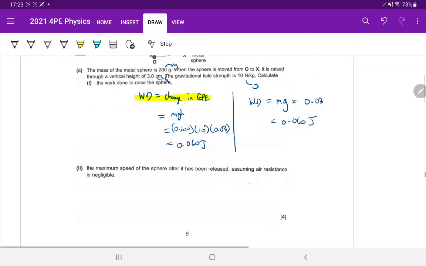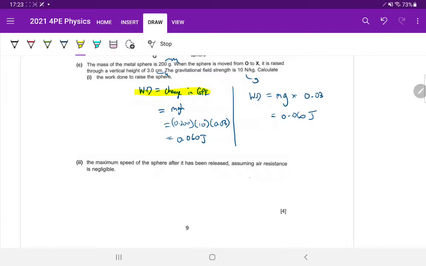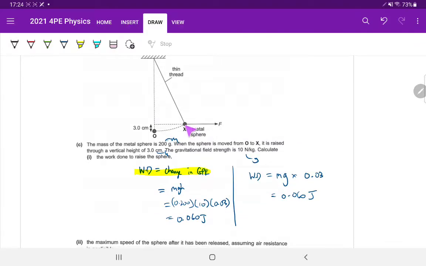Next, the maximum speed of the sphere after it has been released, assuming air resistance is negligible. So assuming air resistance is negligible, that means that all the gravitational potential energy at X will be converted to KE at O at the lowest point.